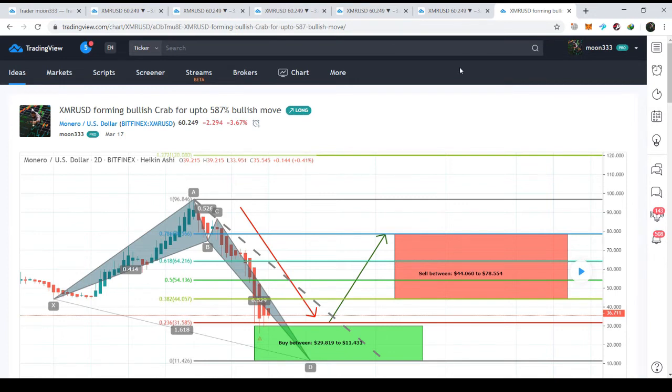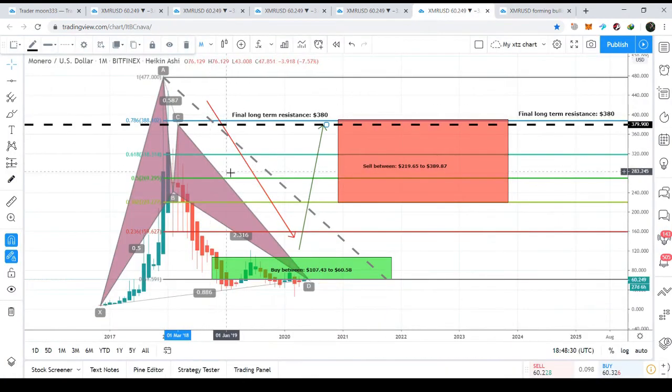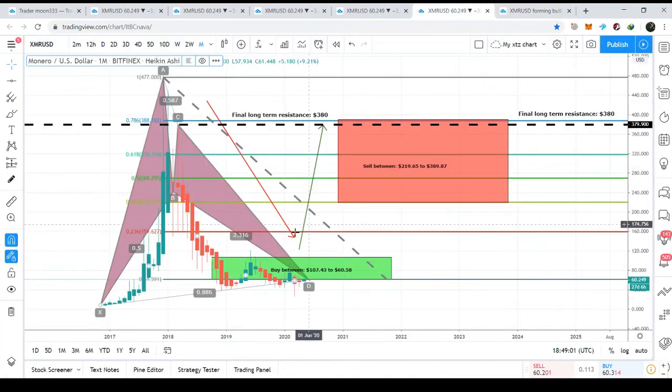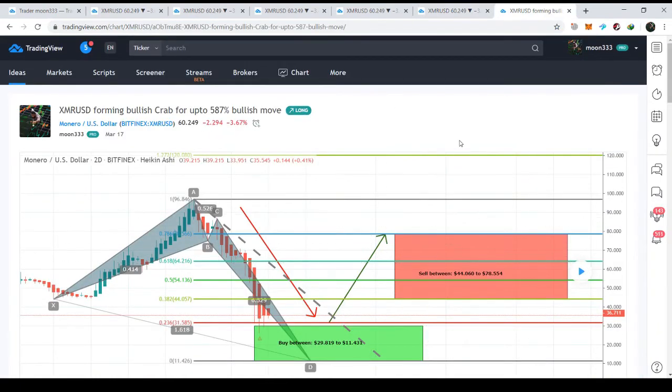After a strong bearish move or bearish trend in the month of March, when we had this strong bearish candlestick that hit the spike beyond this potential reversal zone, the price action completed a bullish crab pattern, and I predicted that from this potential reversal zone of the bullish crab pattern, it should take a powerful bullish divergence, and as per Fibonacci sequence, it should enter this sell zone or Fibonacci projection area of the A to D leg, like we are expecting in this pattern as well. And now I'm playing this idea.